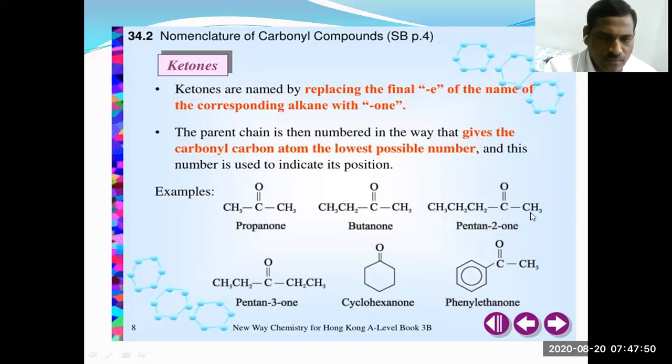The carbonyl group is nearest from this side, so you give the numbering 1, 2, 3, 4, 5. That's why at the second carbon the keto group is present. The name of this compound is pentan-2-one.